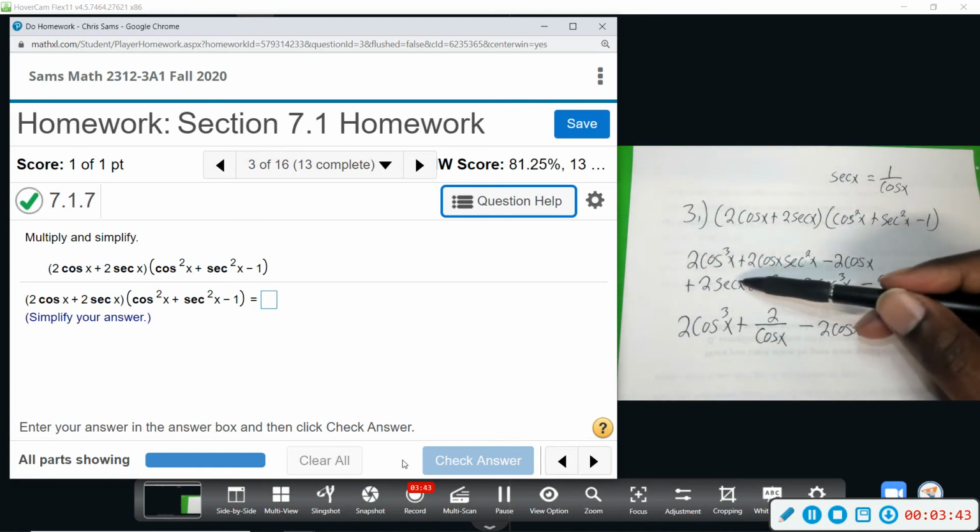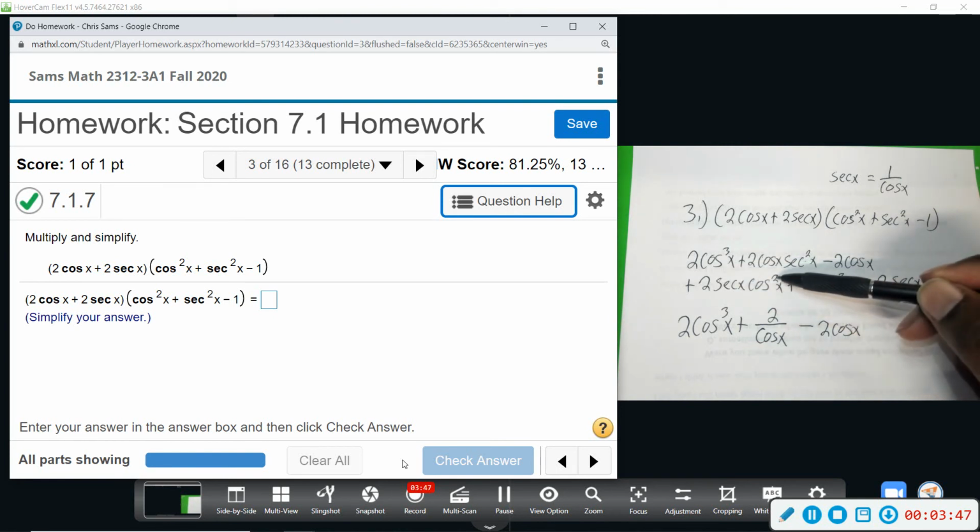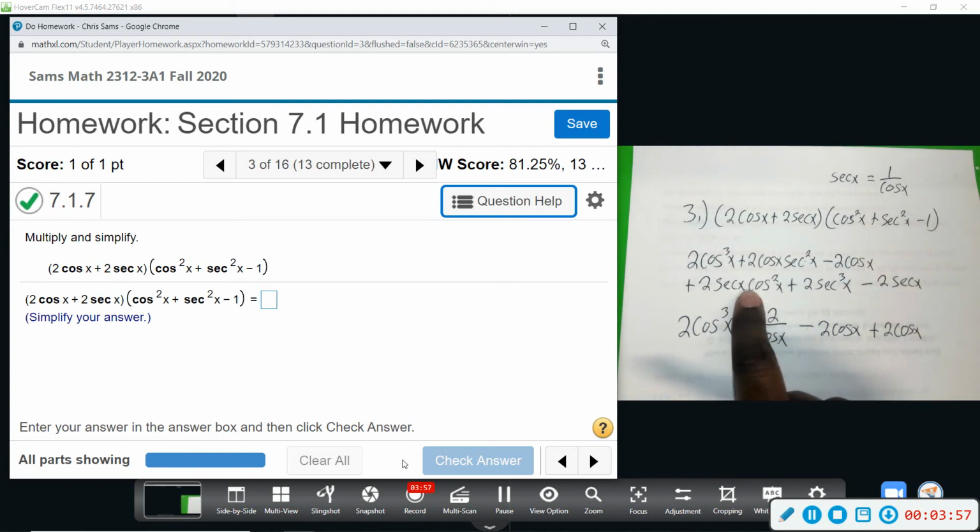Now this one, again, 1 over cosine will be a cosine on the bottom. Get rid of one of these. So we have a plus 2 cosine of x when we simplify this term. So that's getting rid of 1 because it's going to go to the bottom. This is still plus 2 secant cubed x.